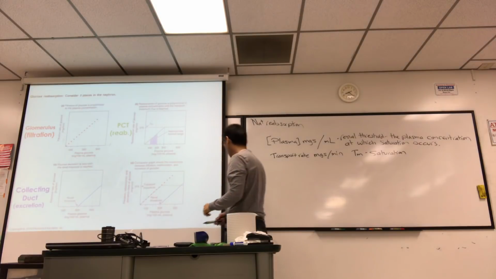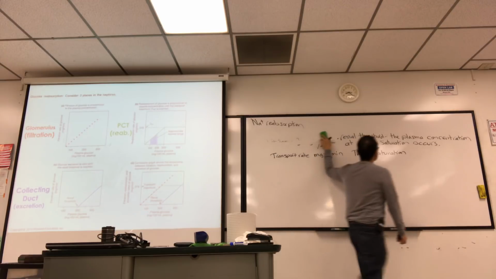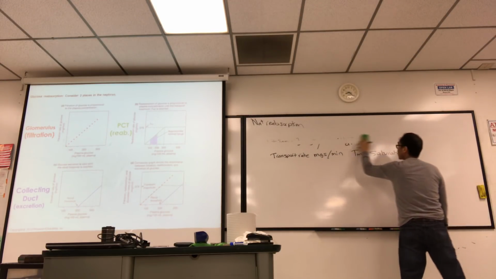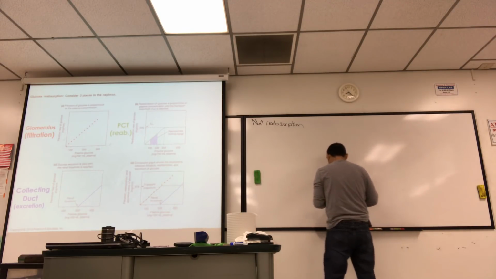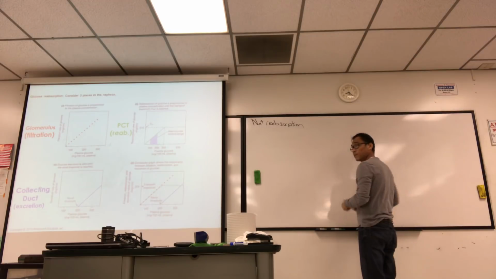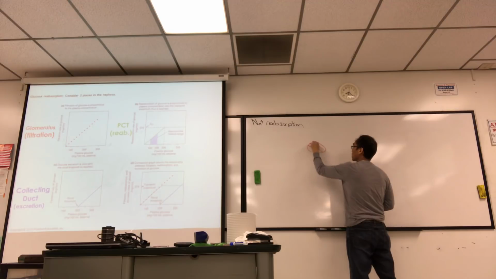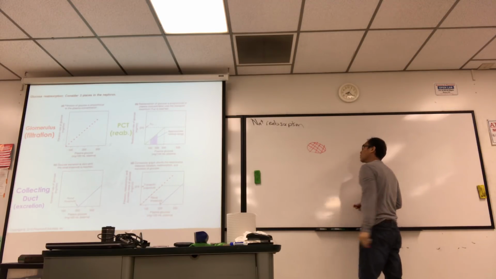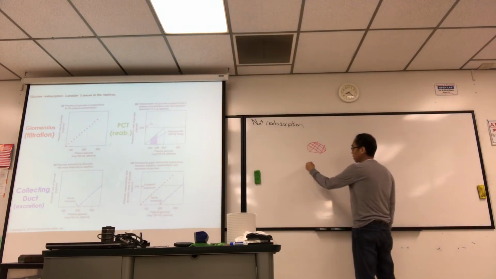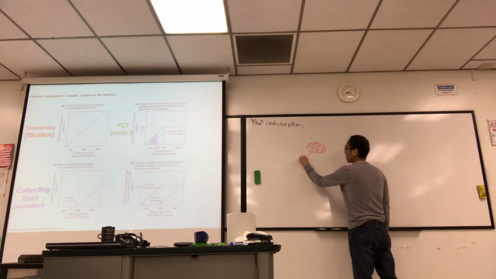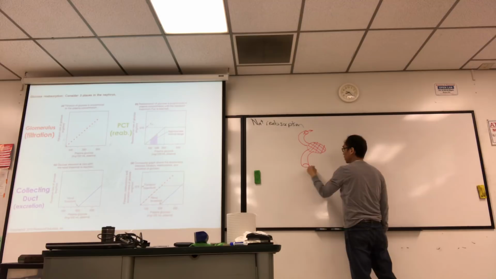To give you a visual of what's going on here, here's a glomerulus. It's all red. There's no gas exchange. I'm not talking about that here really, but the afferent arteriole here, efferent arteriole here, blood coming in, blood coming out.